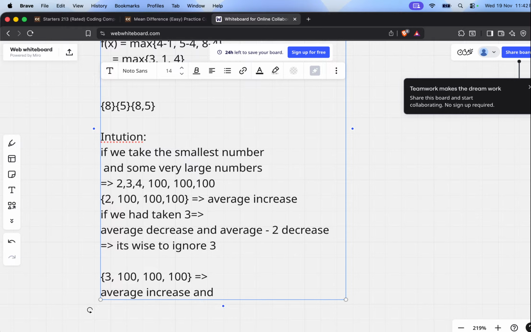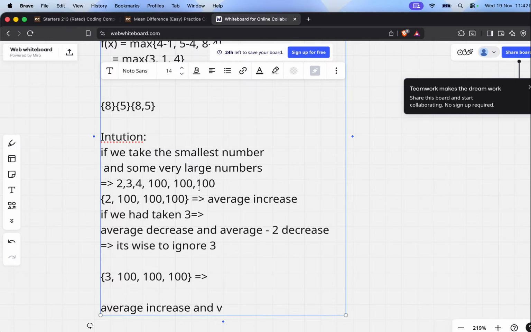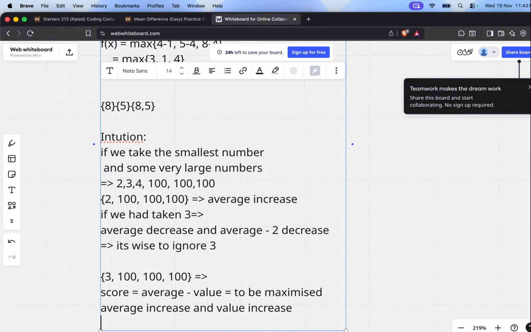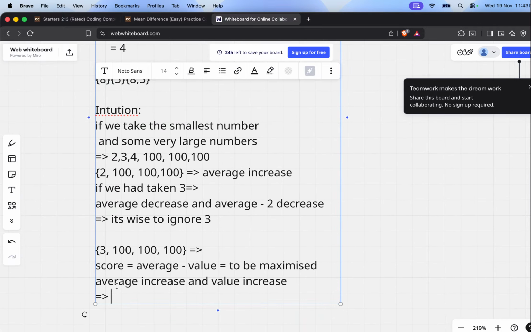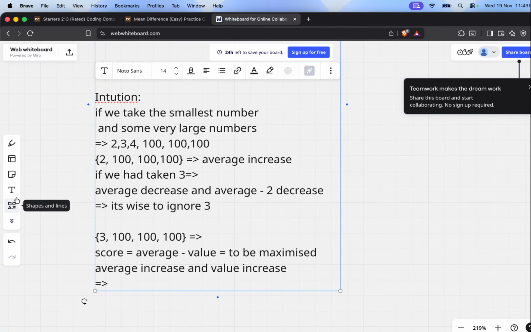What is our score in both cases, where we are choosing the smaller number to take the absolute with? Score is average minus value, to be maximized. Our average increases and value increases as well. So by what factor does the average increase and by what factor does the value increase?